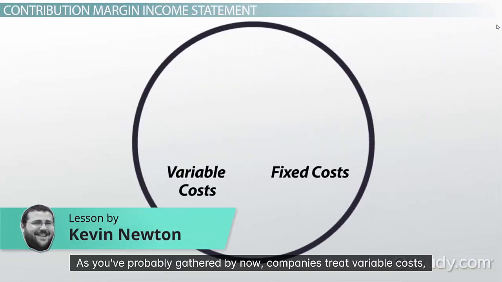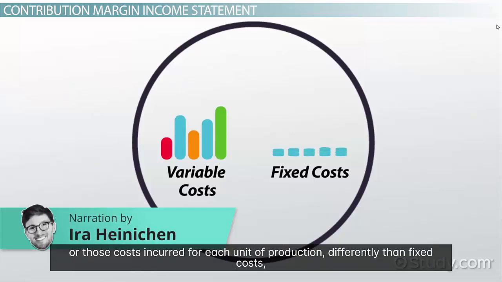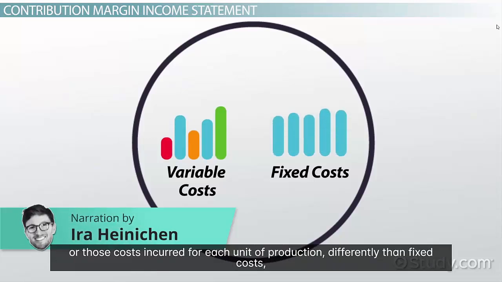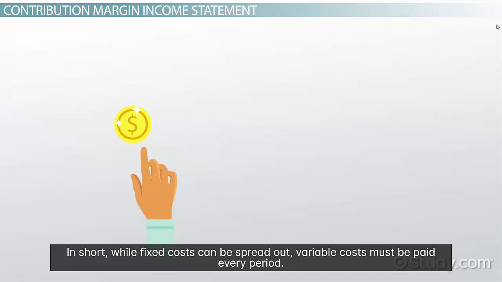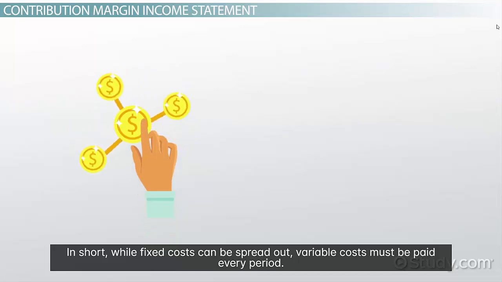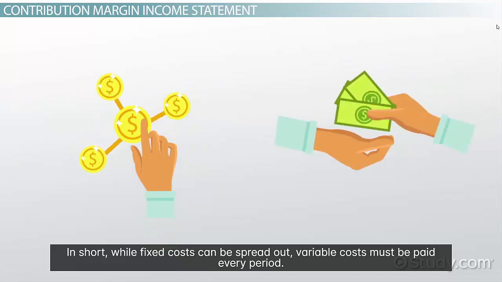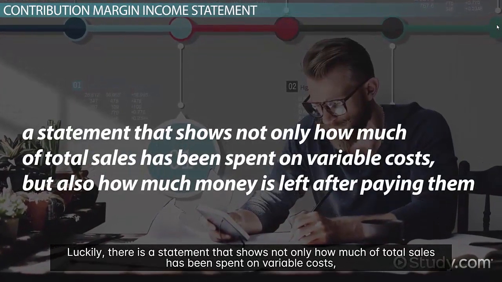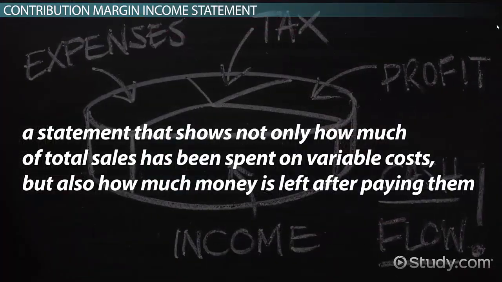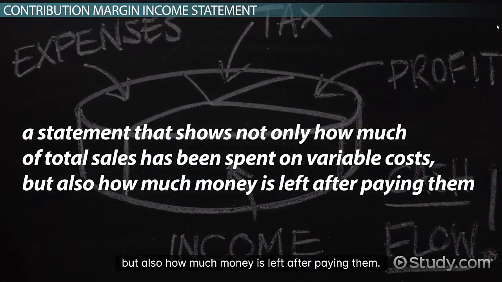As you've probably gathered by now, companies treat variable costs, or those costs incurred for each unit of production, differently than fixed costs, or the costs of doing business that are more or less constant. In short, while fixed costs can be spread out, variable costs must be paid every period. Luckily, there is a statement that shows not only how much of total sales has been spent on variable costs, but also how much money is left after paying them.